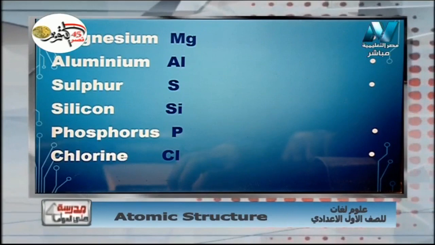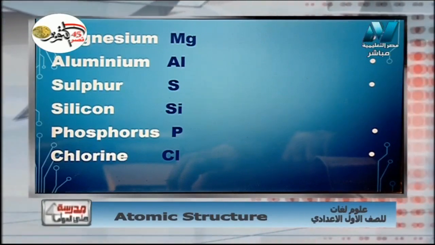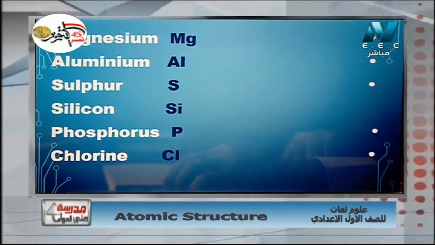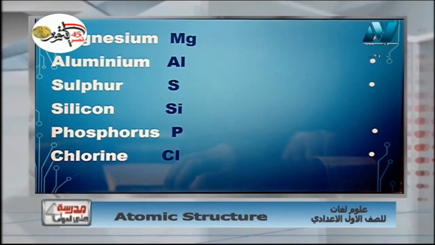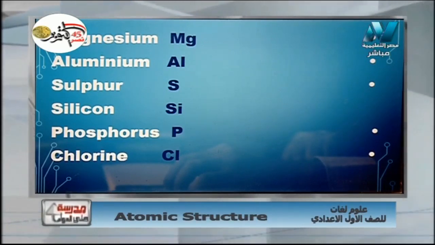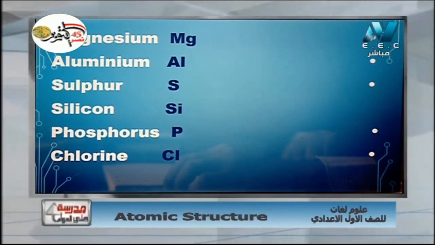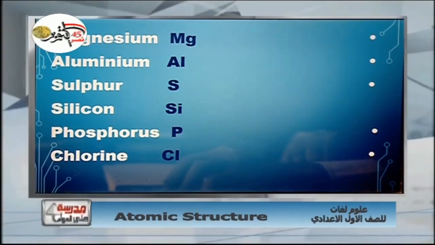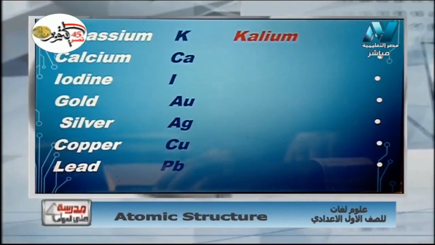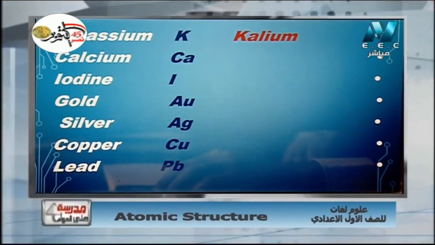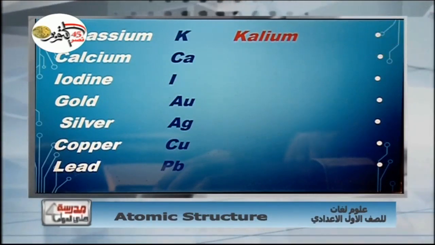M capital, g small. Aluminium or aluminum, American and British language. Aluminium, A capital, l small. Sulfur, S capital. Silicon, S capital, i small. Phosphorus, P capital. Chlorine, C capital, l small. Potassium, K, because it's not P here. Calcium, Ca, C capital, a small.